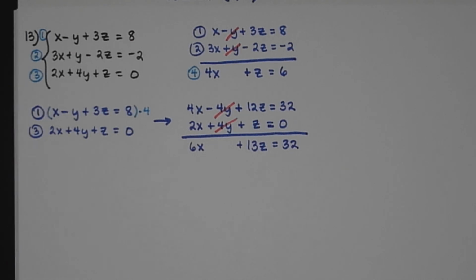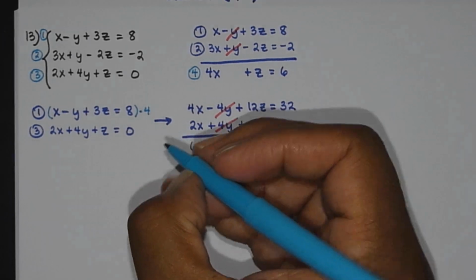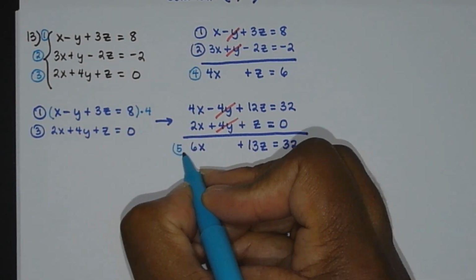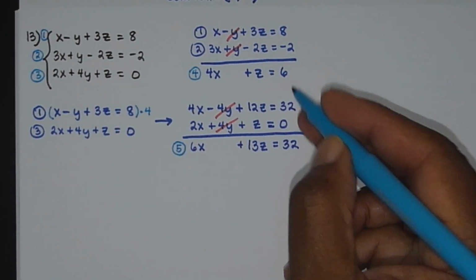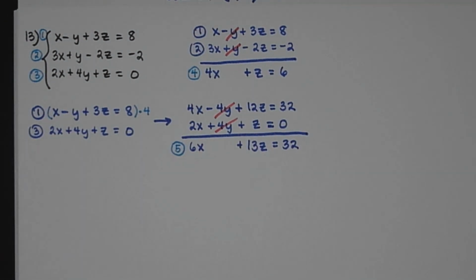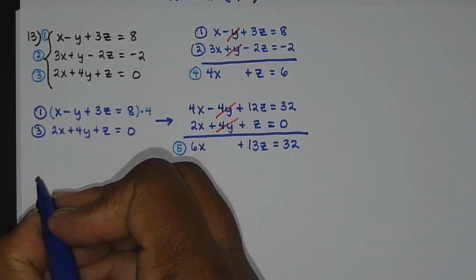So this equation, 6x plus 13z is equal to 32, would be equation 5. So notice equations 4 and 5 are equations in two variables. So we're going to work with those.